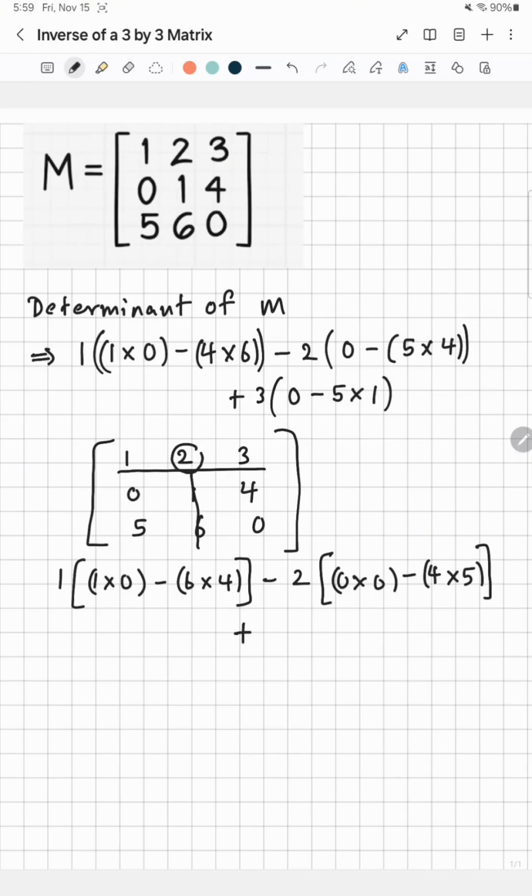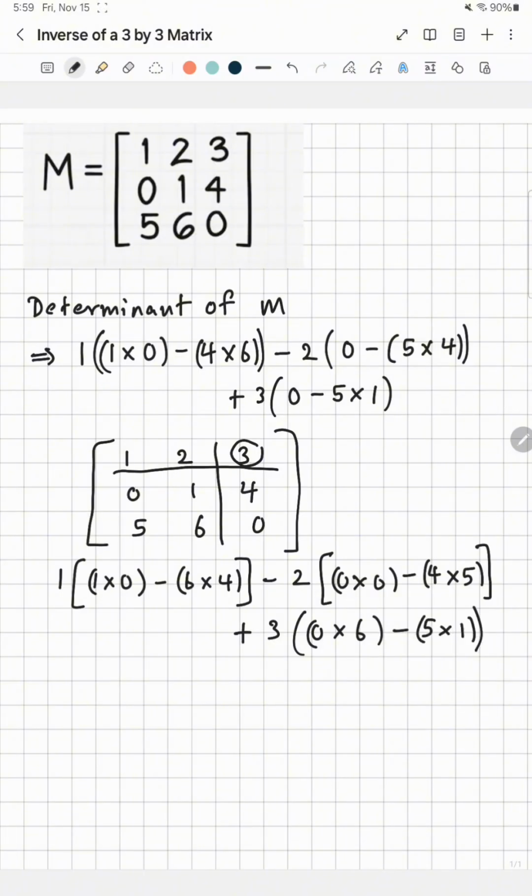Plus 3. So I cross the first row and the third column. Plus 3 into 0 minus 5 into 1. So that's how I do it.